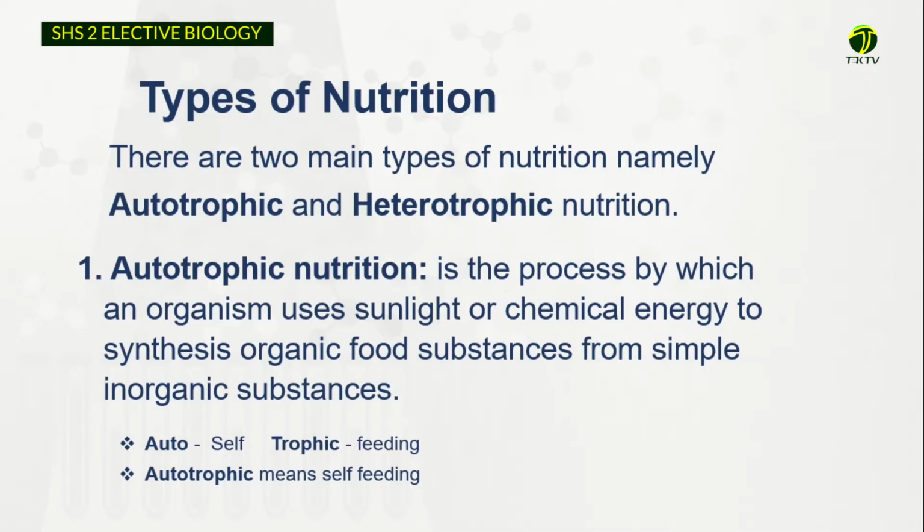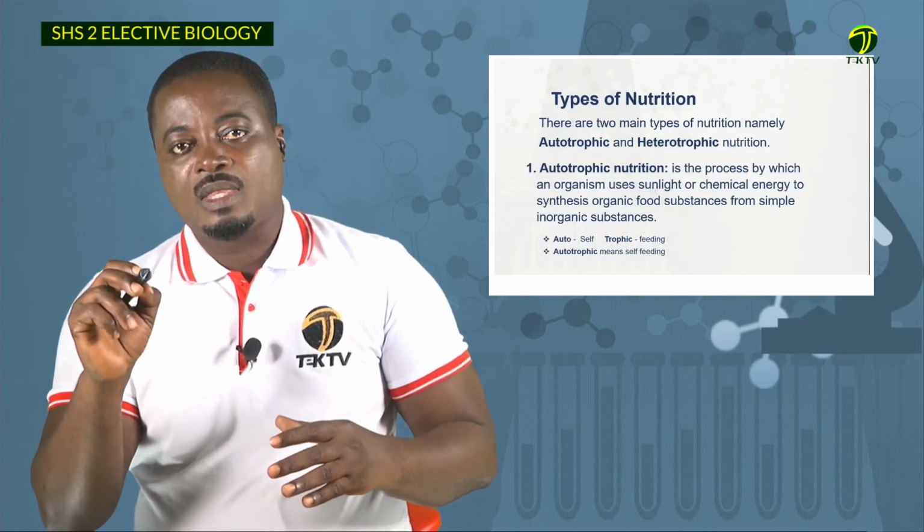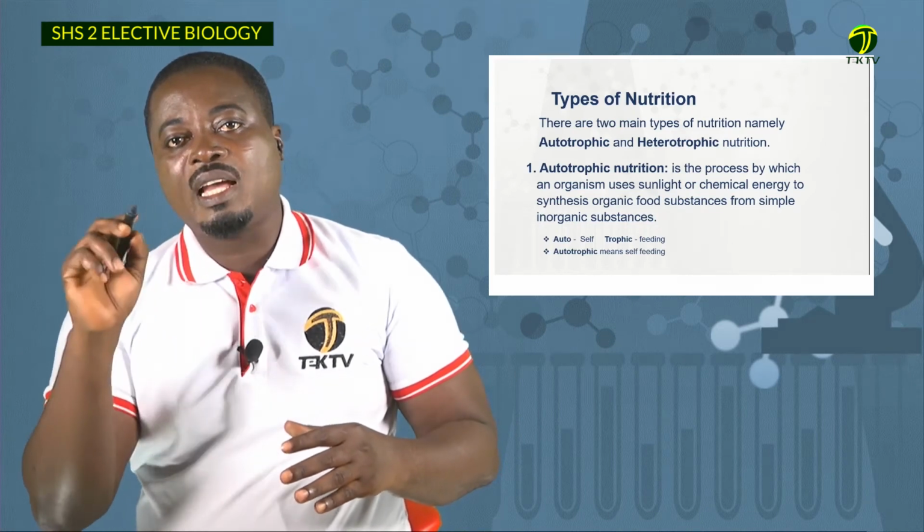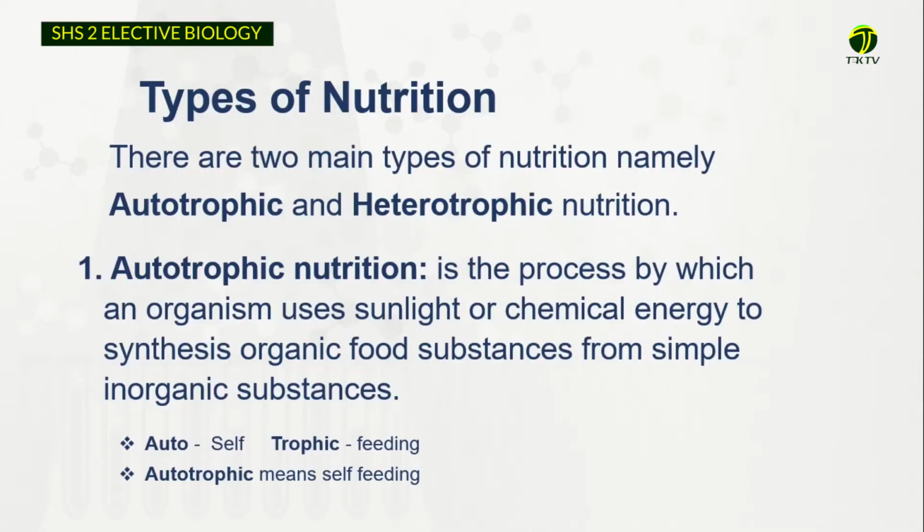And these organisms use energy in sunlight or chemical energy. So if you use this energy from sunlight or from chemical energy to synthesize, which basically means to manufacture, organic food substances from simple inorganic food substances, then we say that organism is undergoing autotrophic nutrition.